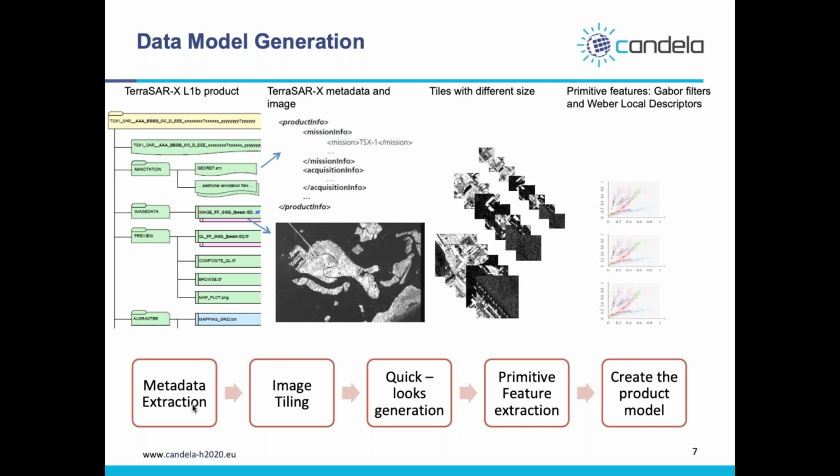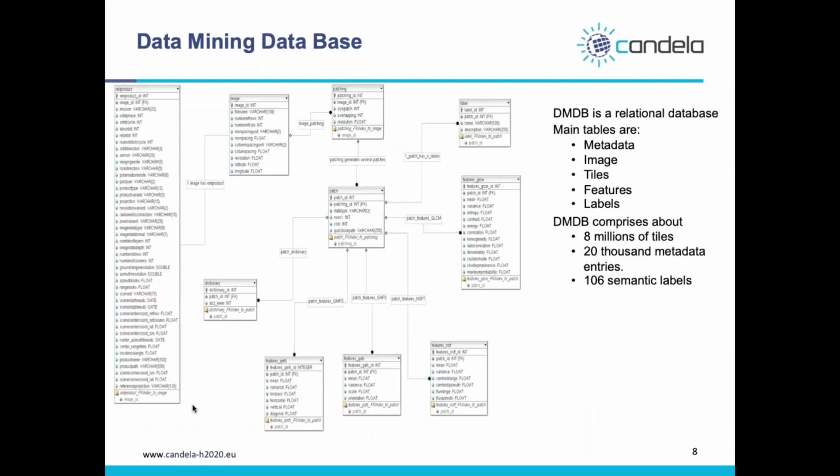And from this, we extract descriptors on each of the patches. All this information is further structured in the data mining database, where we have tables for metadata, for the signal features, indexing the quick looks, and also dynamic tables which contain the semantics created by machine learning.